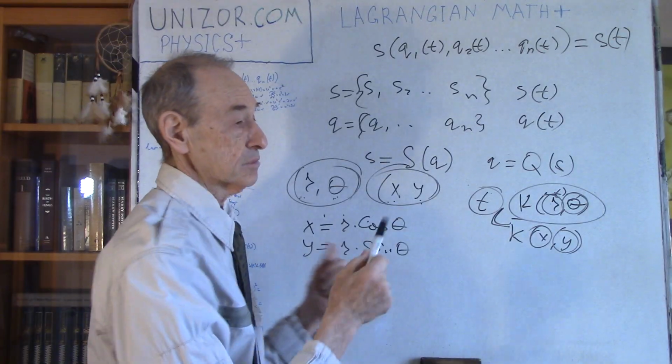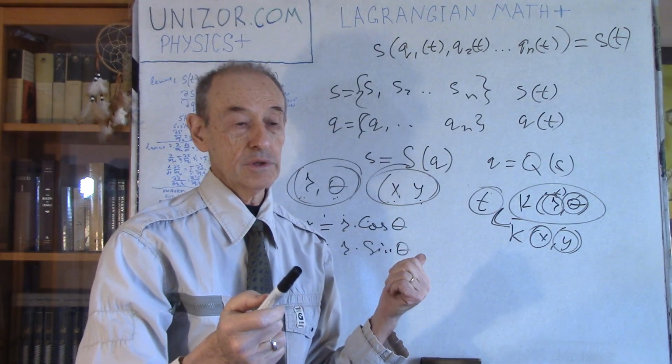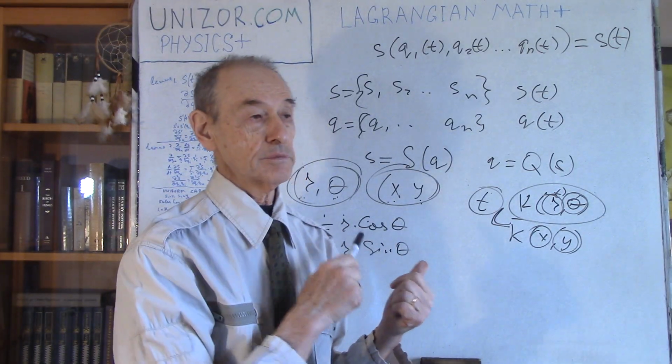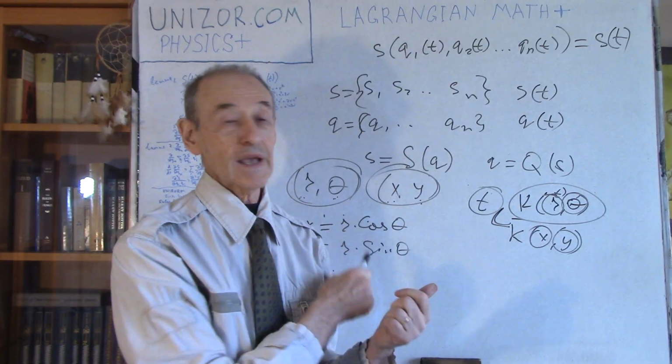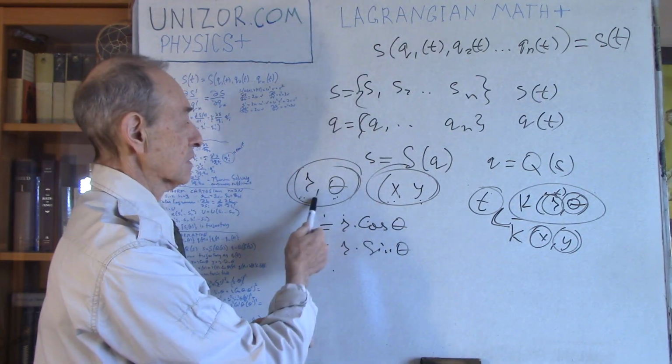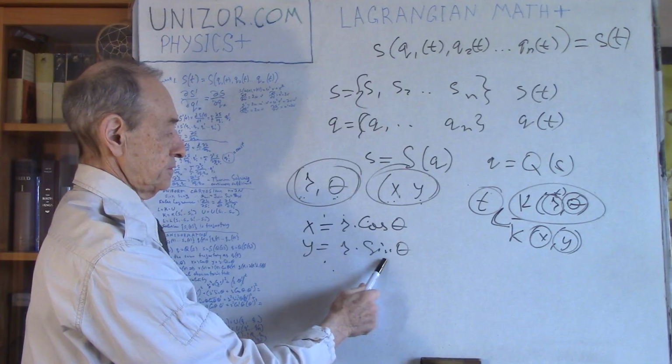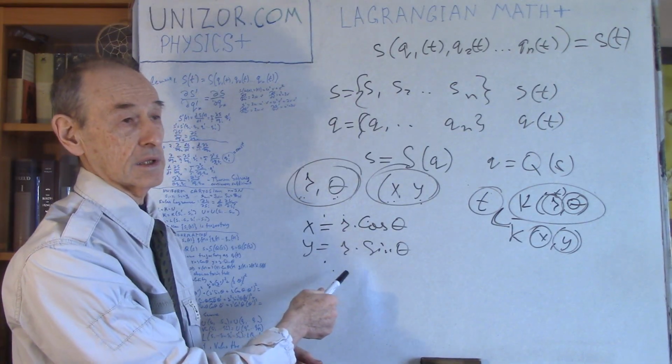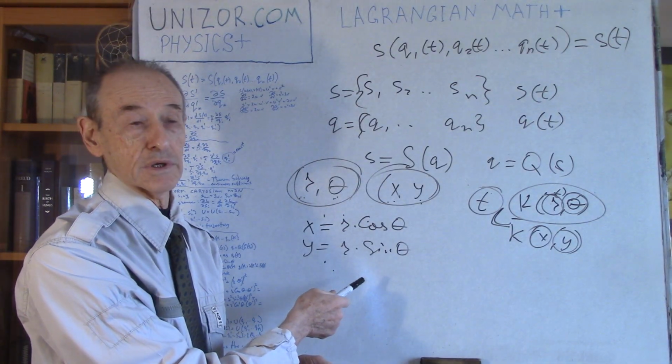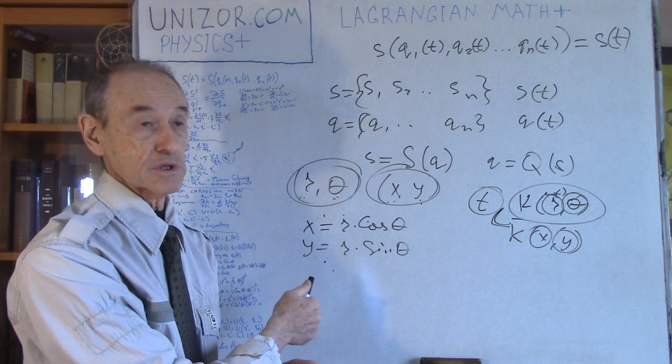And by the way, in the notes for this lecture, which I mentioned in the beginning, I have an example, polar coordinates versus Cartesian, and I calculated, I think, the square of the magnitude of the linear speed.